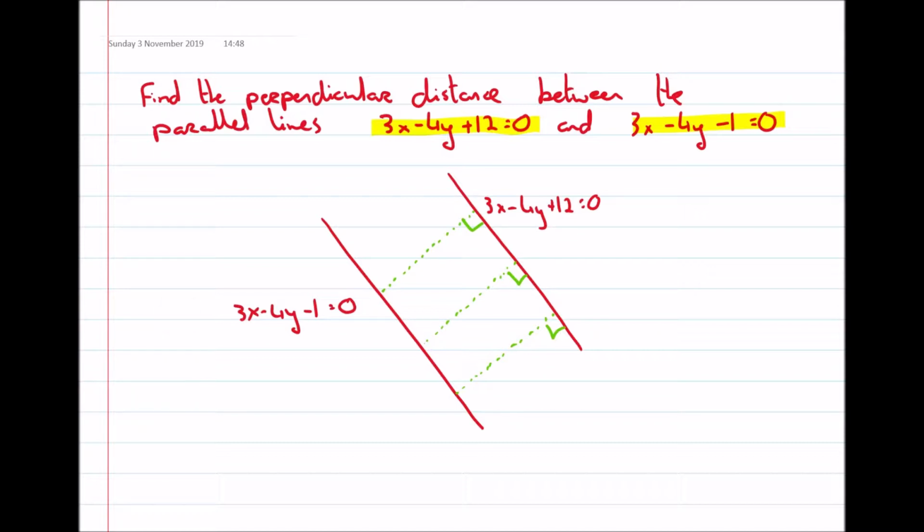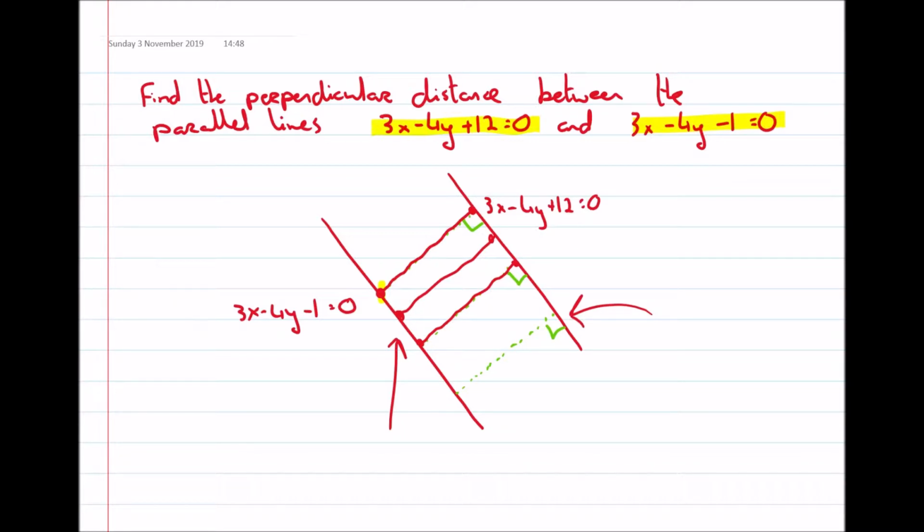If I choose a point here and get the perpendicular distance to the other line, that's going to be the same distance from here to here, and from here to here. So I can choose any point on one of the lines, get the perpendicular distance from that point to the other line, and that will work it out for me.